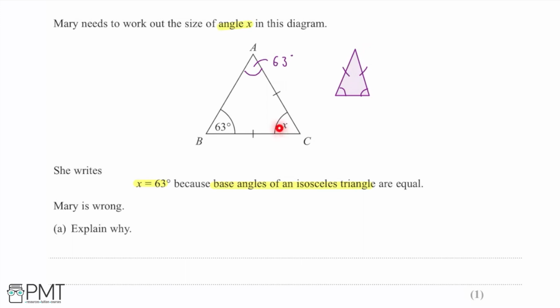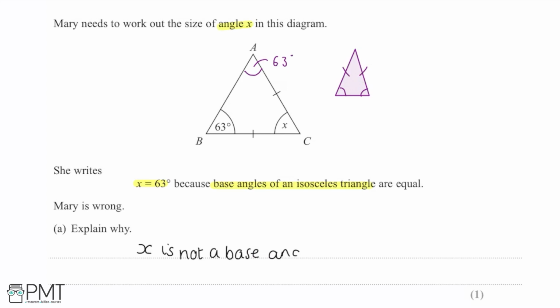However, this angle here, the angle X, is kind of the top angle in this diagram. It's not one of the base angles because it's between the two sides that are of the same length. So angle ACB is not going to be equal to 63, so X doesn't equal 63, and that is because X is not a base angle.